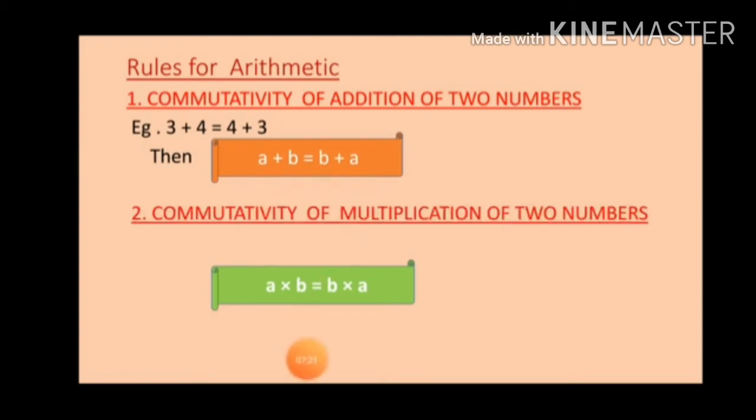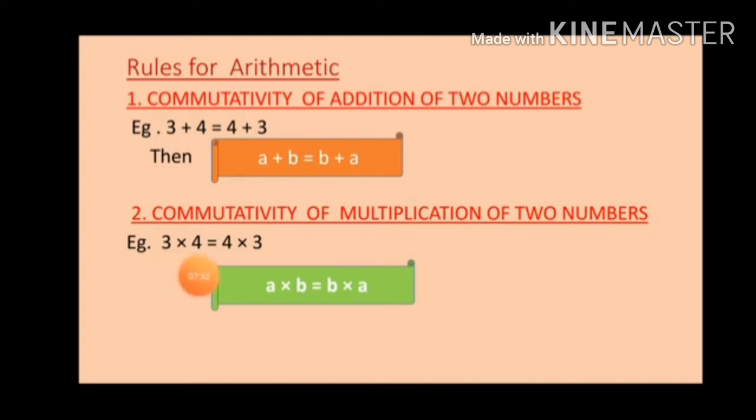Now let us learn about the commutativity of multiplication of two numbers. Let's take one example again. We have taken two numbers, let's say 3 and 4, and when we multiply these two given numbers, we get the product 12 on the left hand side.